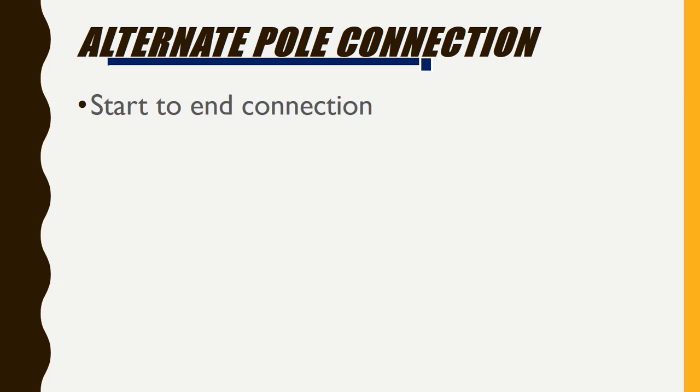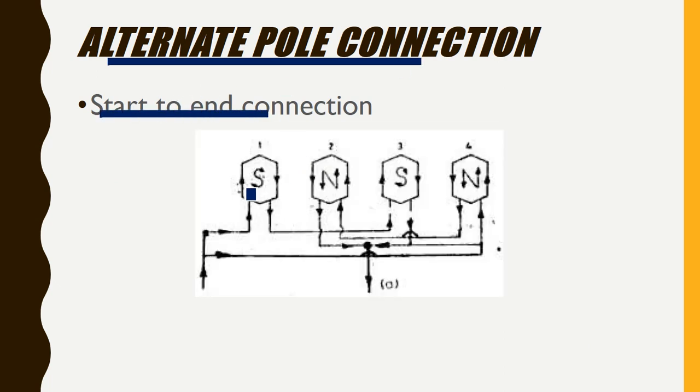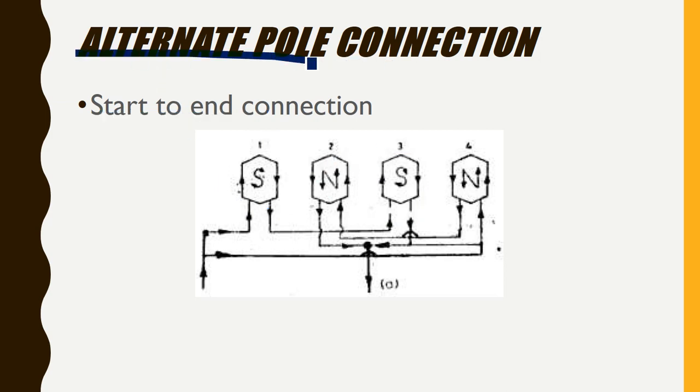Now alternate pole connection will be start to end connection. The difference you can see: this is one pole, and it is connected to the alternate, not adjacent. Adjacent is very nearby, alternate is after one item. It is known as alternate pole connection. So this pole is connected to this pole. How? Let us see. This is start and this end is connected to the start of the alternate pole, and it is returning to supply.